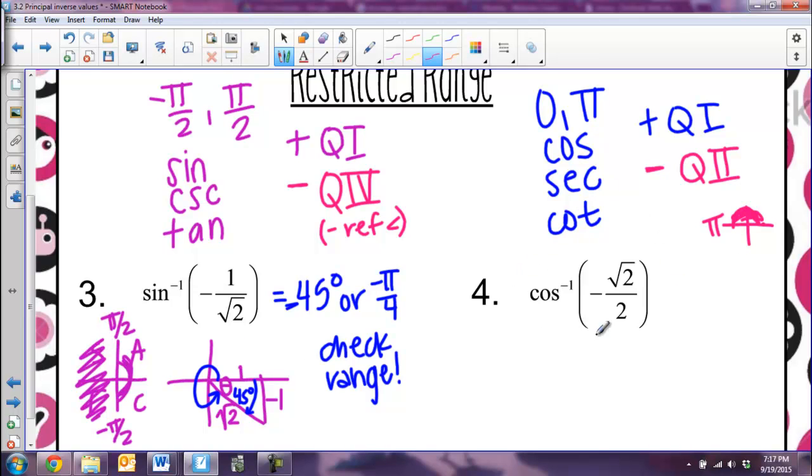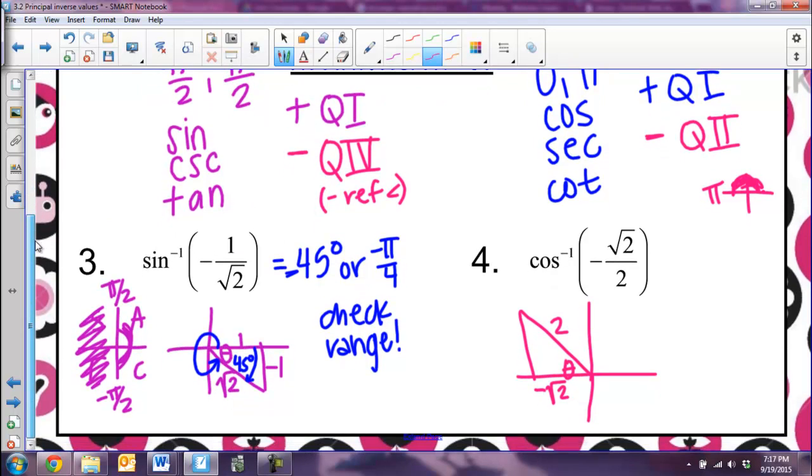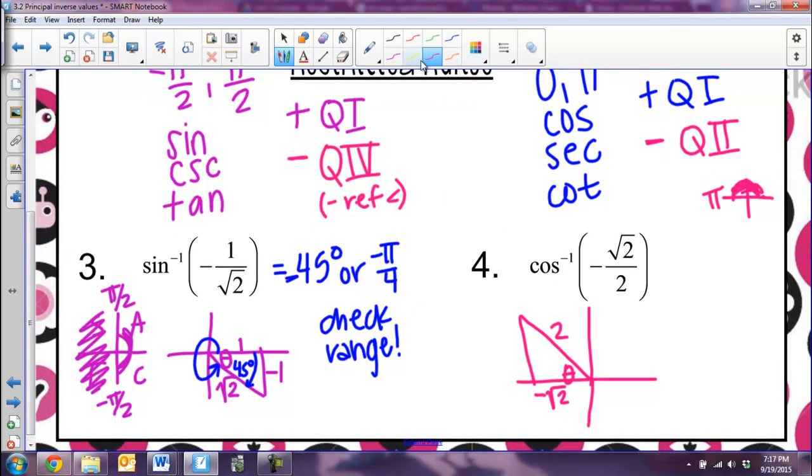So let's go ahead and try number 4. We're going to go ahead, since this one is a negative value, I'm going to put it into quadrant 2, put my theta in there, and then cosine is adjacent over hypotenuse. And I'm going to go ahead and use my Pythagorean theorem here to figure out what this last side is.